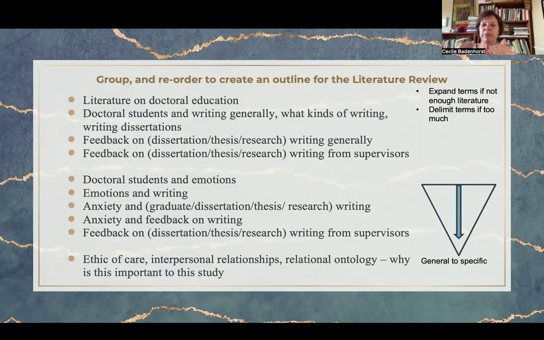So you want to begin with the broader concept and go down to the more focused concept that is key, the absolutely key thing for your study. So you can then order that list so that they become headings for your literature review, or at least group them and then attach a heading.